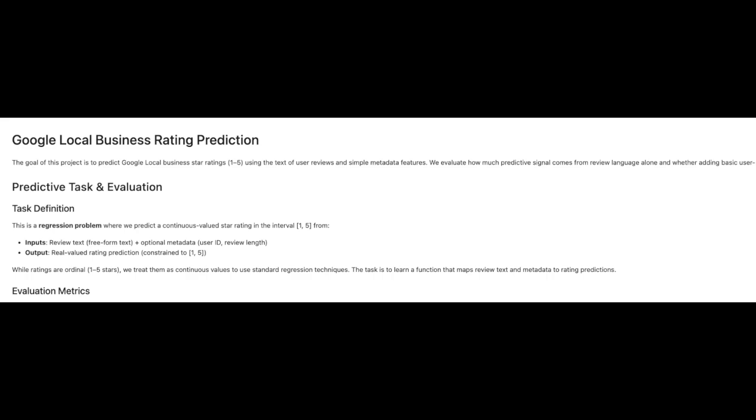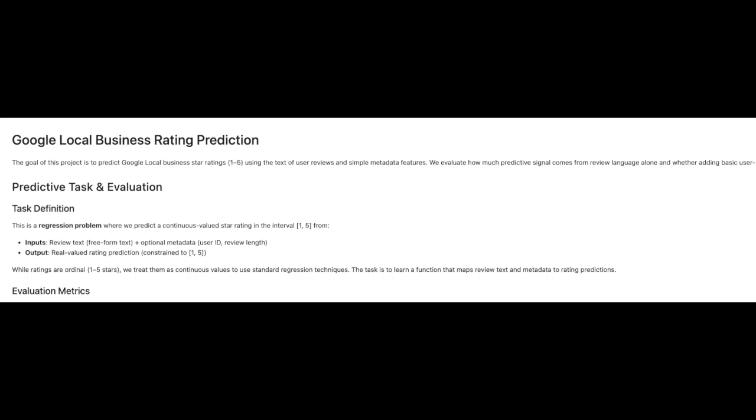where we defined the problem as a regression task, where the input to the models are the review text, which is free form natural language, and simple metadata like user ID and review length in words, which I later use as features.